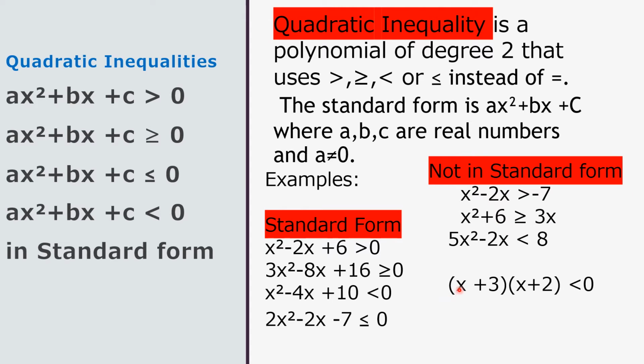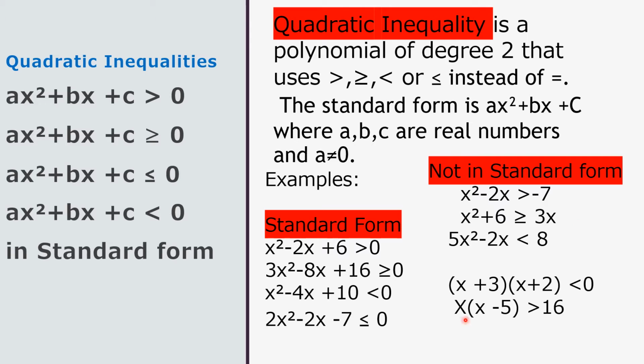And I also have here the quantity x plus 3, this is in factored form, times the quantity x plus 2, less than 0. So how would we know that this is a quadratic inequality? The highest exponent of x is 2. Yes, multiply this, x times x, that is x squared.